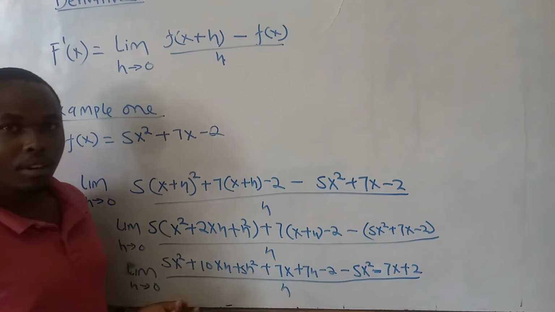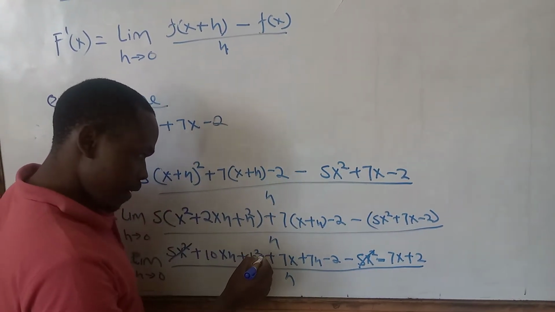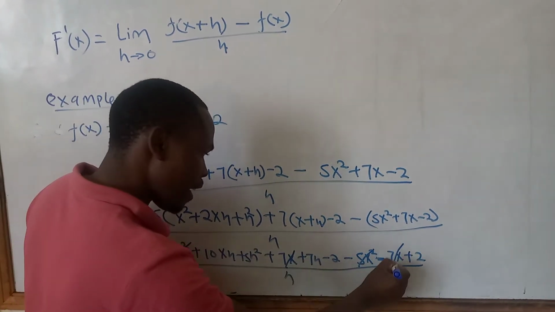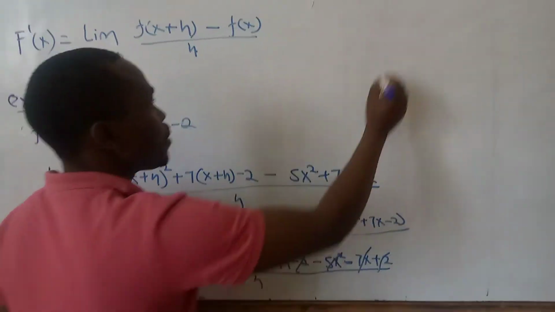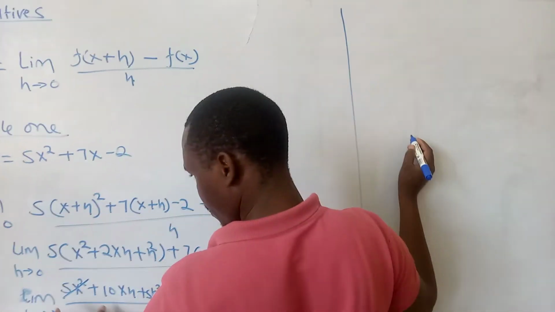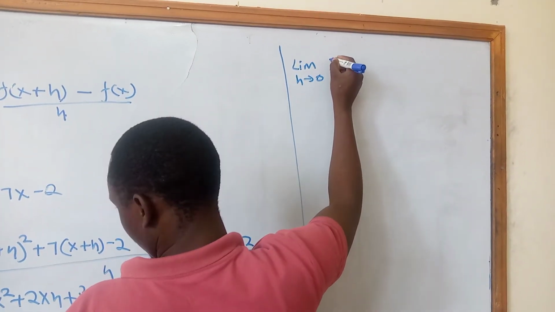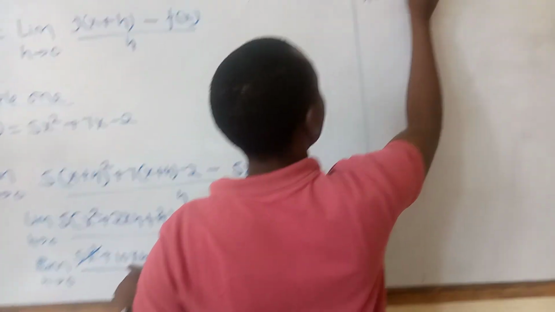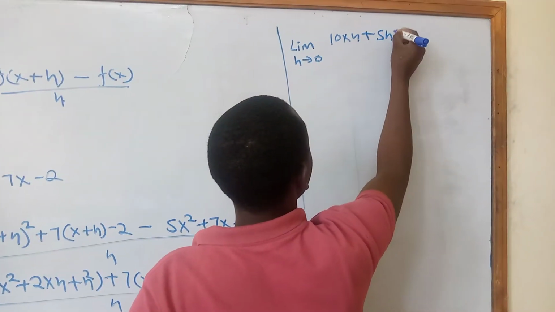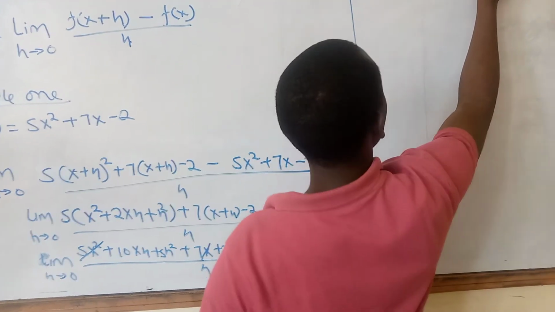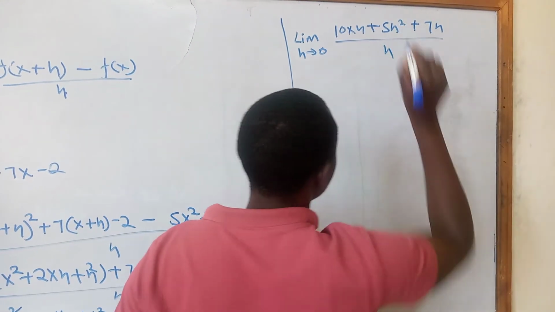Then I will cancel where it's necessary: 5x squared and 5x squared cancel, 7x and 7x cancel, then 2 and negative 2 cancel. I'm going to remain with the limit as h approaches 0 of 10xh plus 5h squared plus 7h, divided by h.